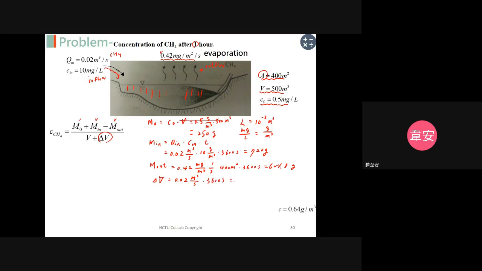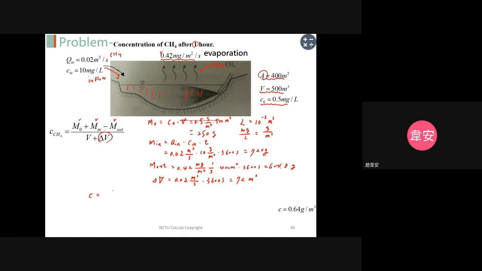Okay, so we know how it changes: 0.02 multiply 3600. So the volume change is 72 cubic meter.